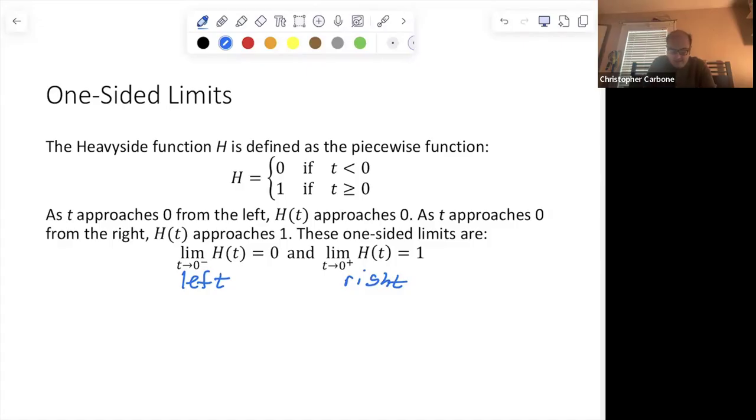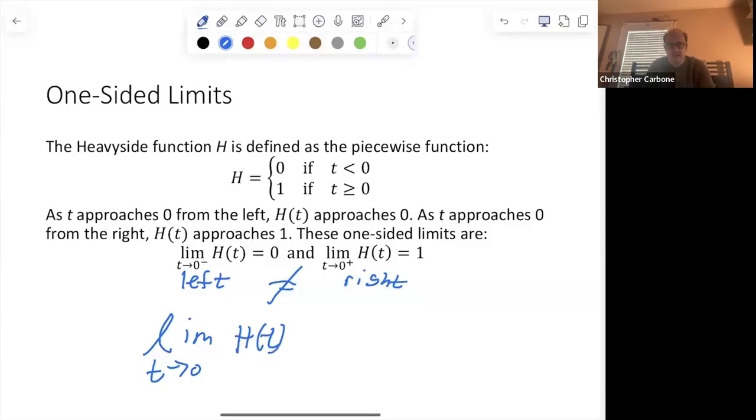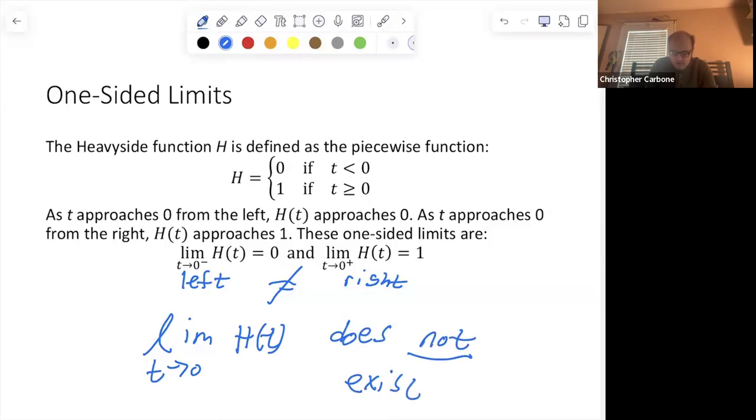Because these don't equal, that means this overall limit as t approaches 0 of h of t does not exist, due to the fact that the two one-sided limits don't converge. If they converged, we're golden, everything's perfect. If they don't converge, like happened here, it does not exist.